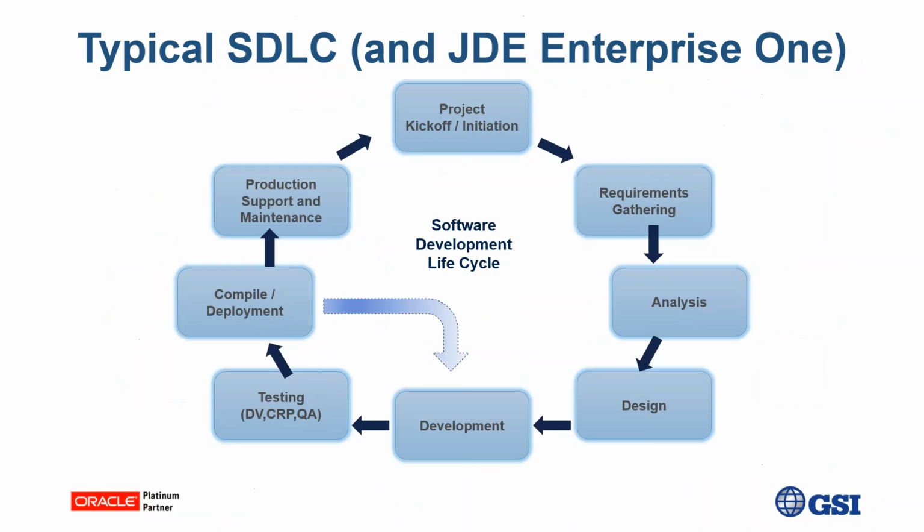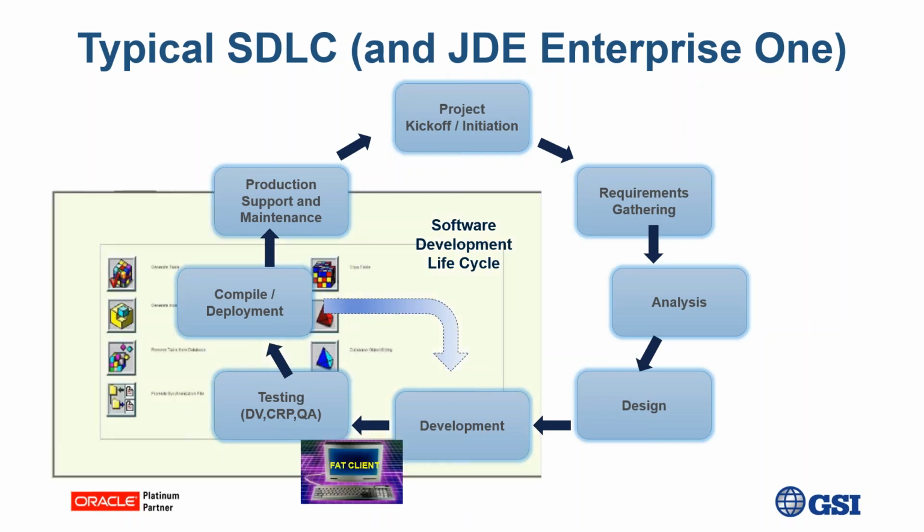So now let's mess it up a little bit by making it specific to JD Edwards. We go through all the SDLC steps, but as you know, development in JD Edwards will require a development machine, also known as the fat client.